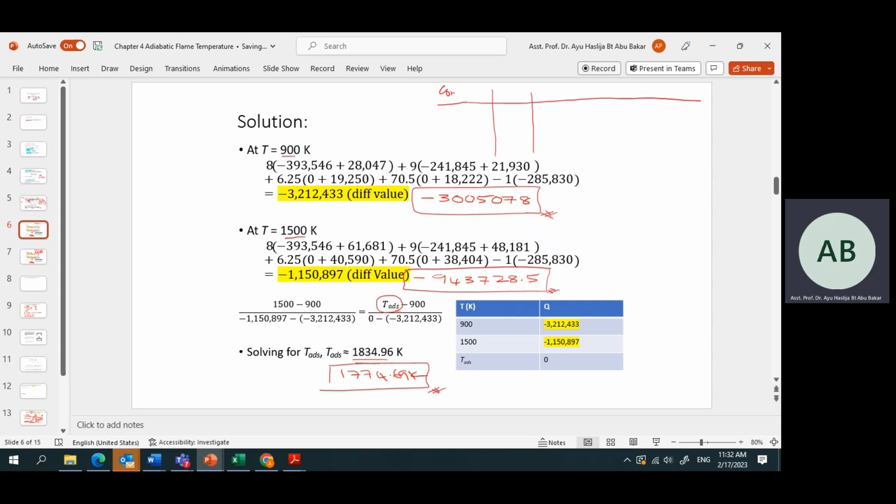We have the component, we have the fuel, C8H18, O2, N2, CO2, H2O. Okay, so find out what is the HF for each component, then find out the H at 900.